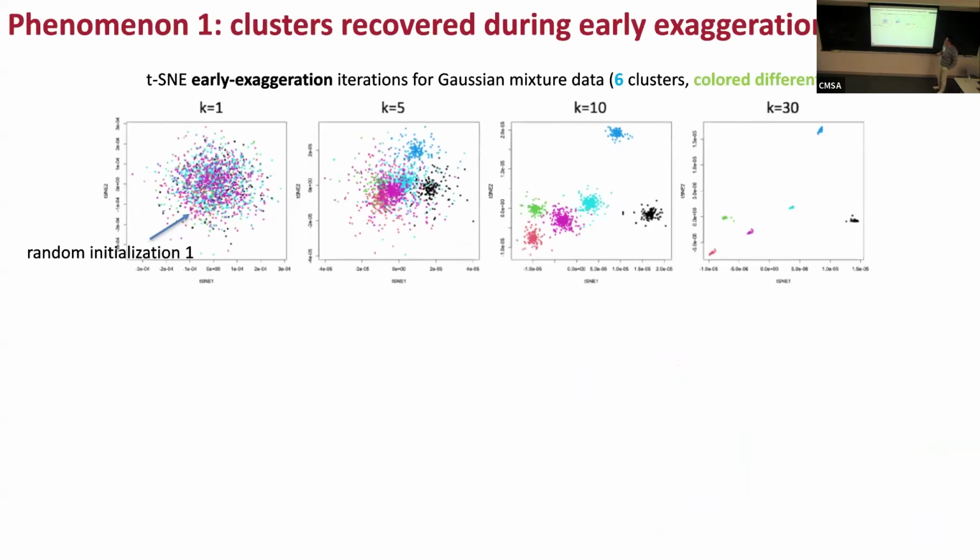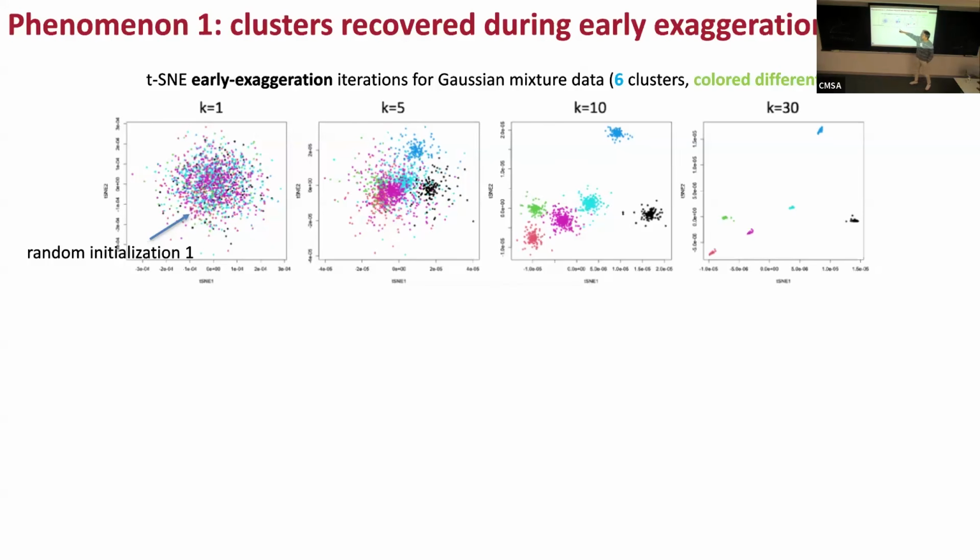We generate Gaussian mixture data consisting of 6 clusters. It's the 6 different colors. And we look at the embedding of t-SNE produced by its iterative algorithm. So this is the initialization, random small values. And then we run this t-SNE early exaggeration for a few iterations.